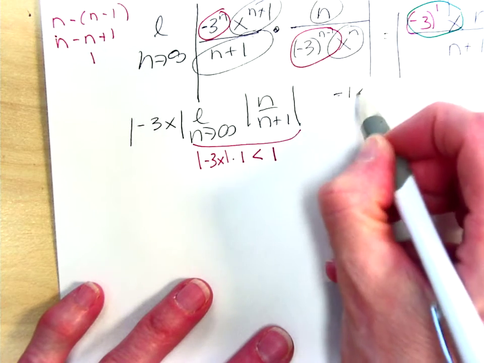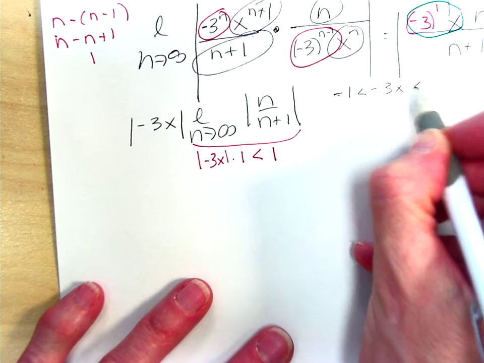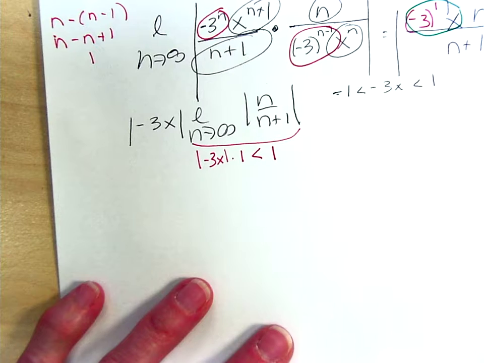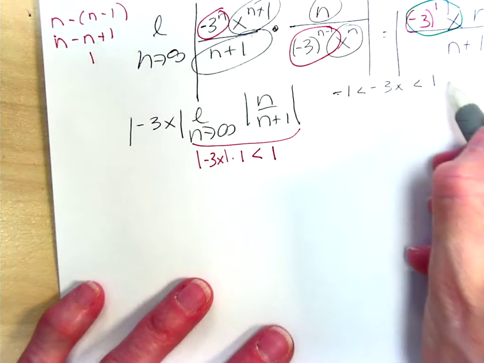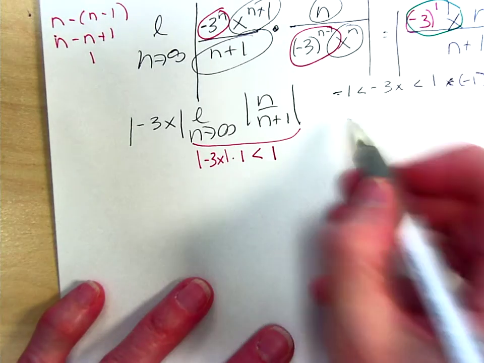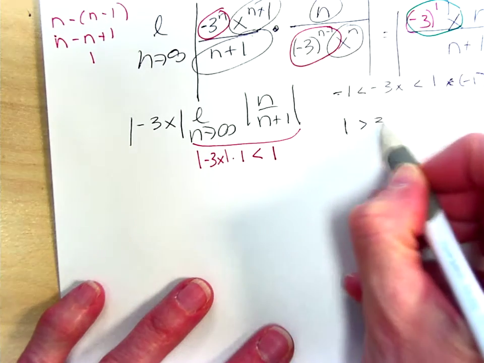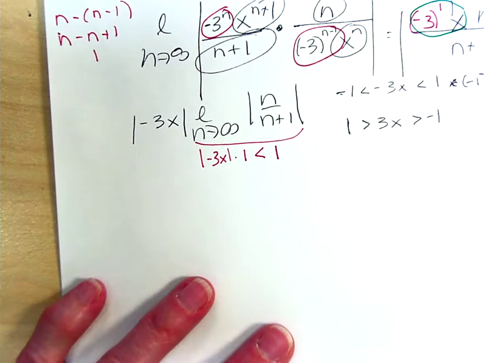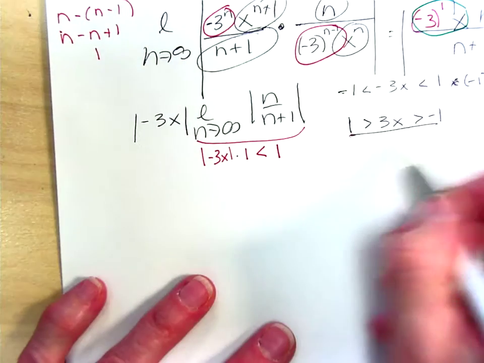So minus 1 less than minus 3x less than 1. What did I do? Okay, I'm going to multiply everything by negative 1, or divide by negative 1. Either way, all it's going to do is change the sign. And now I'm going to divide through by 3.